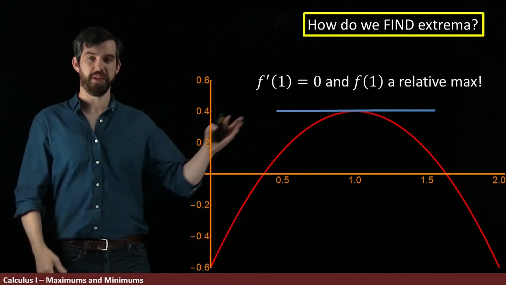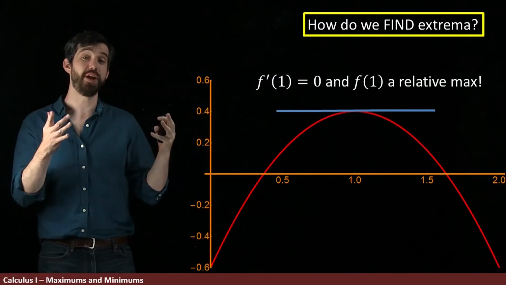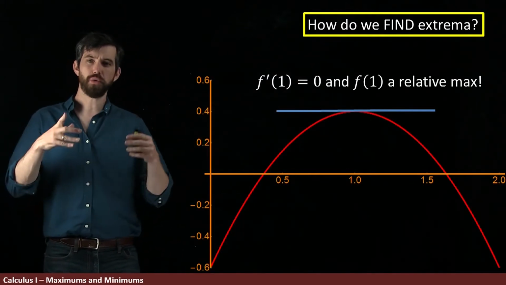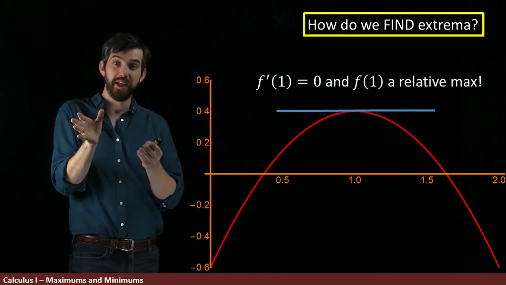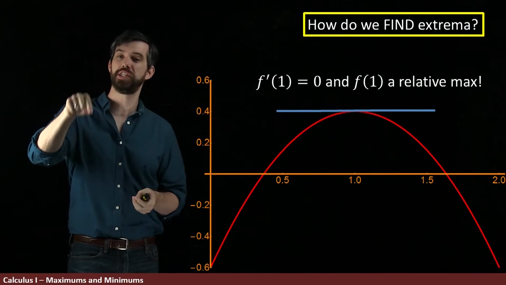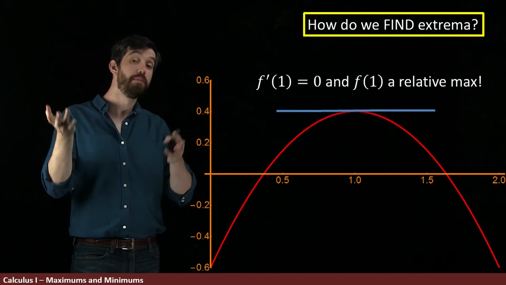So I'm just going to note this, that the derivative at 1 is 0 and that f of 1 is going to be a relative maximum. So this might lead us to conclude perhaps, that whenever the derivative was 0, that was going to be a maximum or a minimum. Possibly.